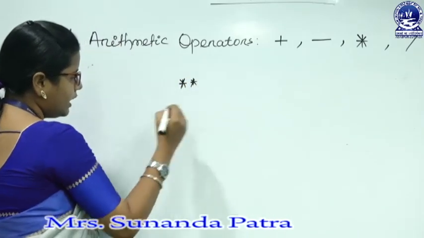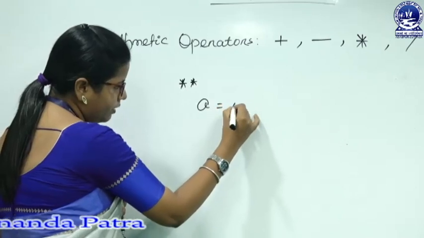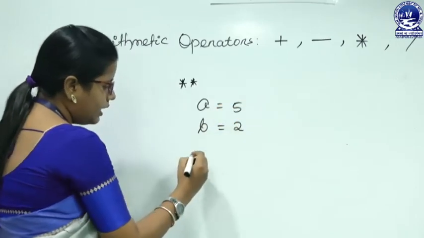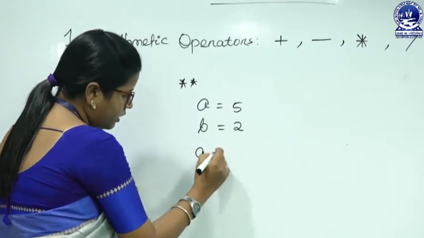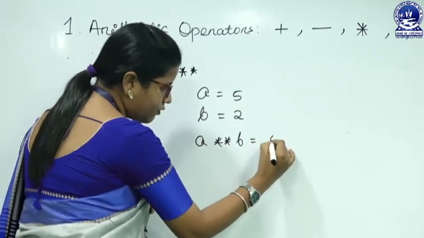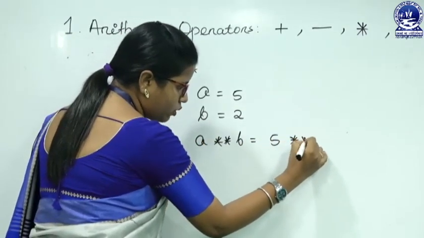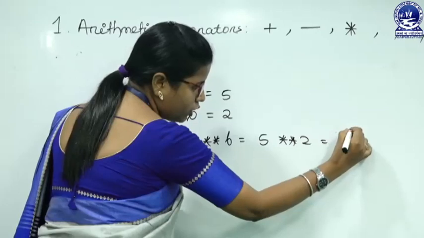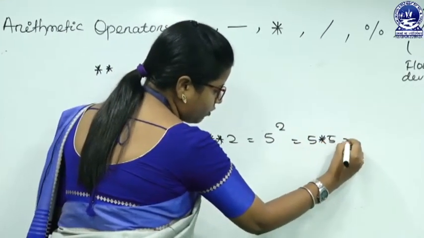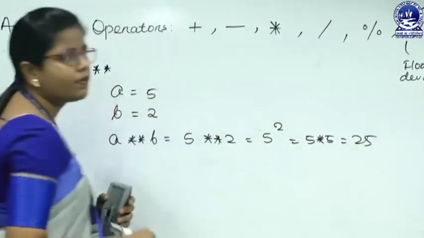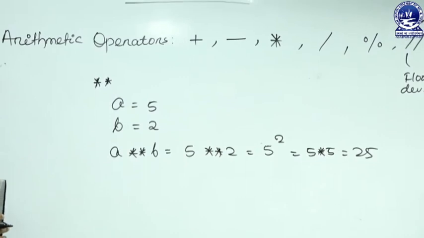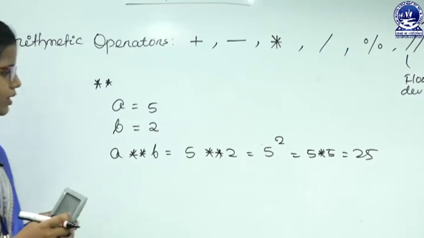So if A equals to 5 and B equals to 2, then A exponent B will result as 5 exponent 2. That means 5 to the power 2, that is equals to 5 into 5 equals to 25. So, these are the arithmetic operators we are having with our Python programming language.